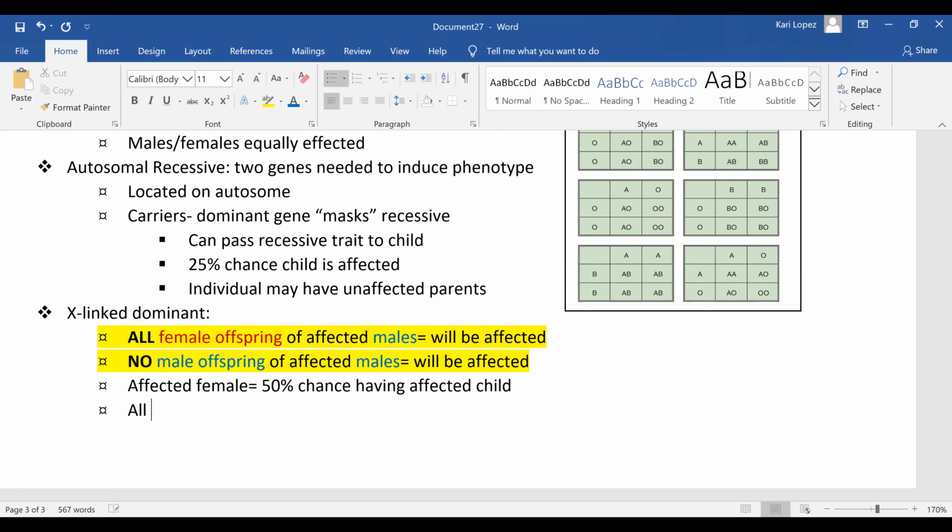And all affected individuals have one affected parent.